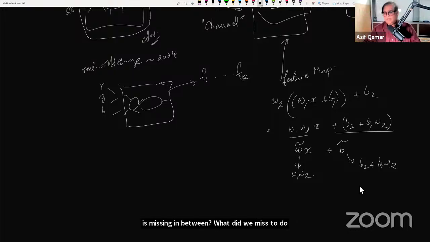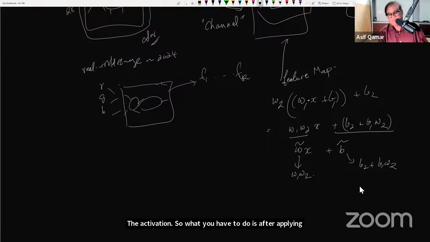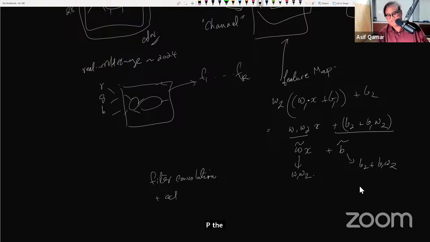The activation. So what you have to do is, after applying a feature map, and actually what people often say is that you do this filter convolution, then plus activation. So when you activate, it applies now a nonlinear transform. Are we together?